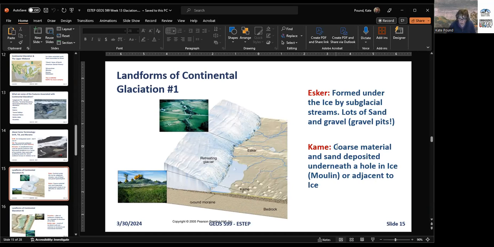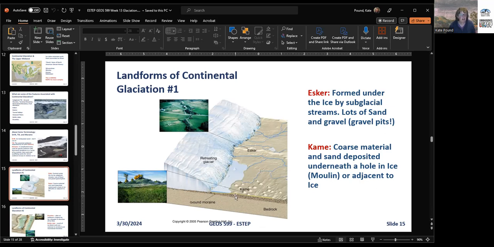Anyway, the other types of kames are kame terraces. So a kame terrace is anywhere adjacent to ice where water tends to deposit and organize sand and gravel. What you can also see in this diagram is what's been identified as ground moraine.